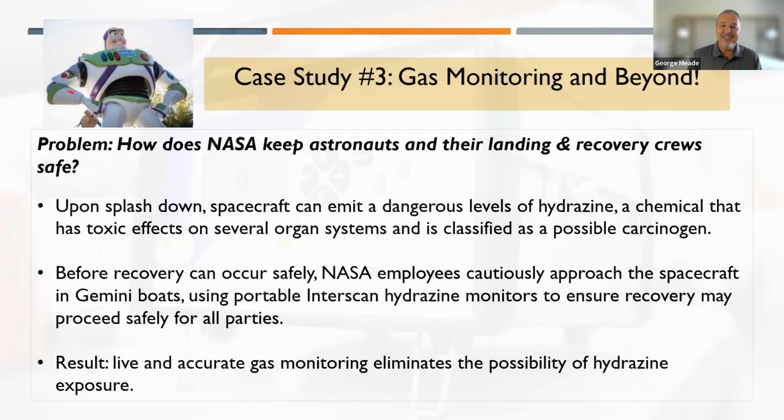So again, the world of gas applications is just amazingly broad. And of course, this helps eliminate any type of exposure to hydrazine by the people back on the big boat that eventually do the recovery, and the astronauts themselves.